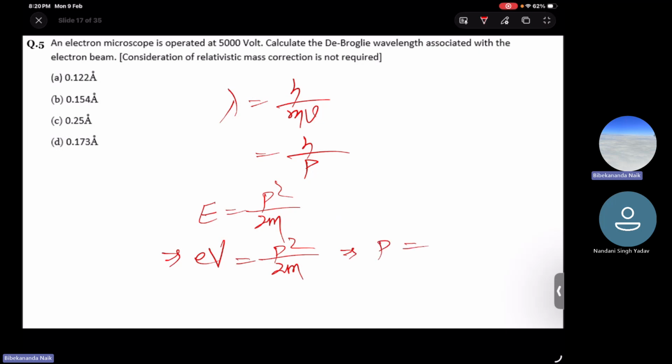That implies P is root over 2m eV. So if you put all the values, because here h we know h is 6.62 into 10 to the power minus 34 joule second.